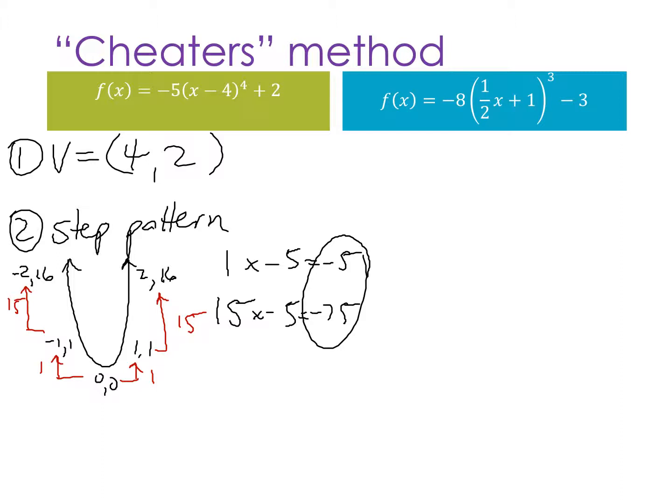For cubics, you can think of it in a very, very similar way. So we know that there's an inflection point at 0, 0. So if we just for a second do our normal cubic, we know there's an inflection point. That's the point that kind of matters, 0, 0. And then the next point is 1, 1, 2, 8, negative 1, negative 1, and negative 2, negative 8.